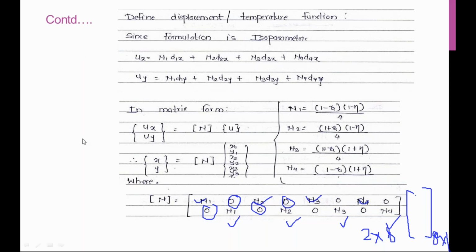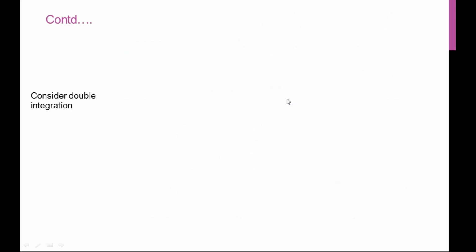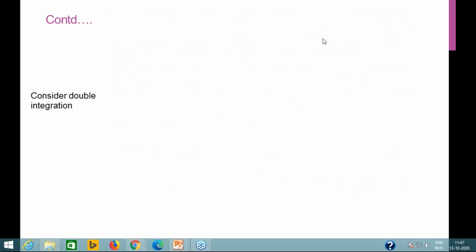But now this is only for the x and y, and already you know all four coordinates and their values, that is x1 y1, x2 y2, x3 y3 and x4 y4. Then if I want to calculate the stiffness matrix for the isoparametric element, you know the stiffness matrix for the truss element, bar element and even the CST element.